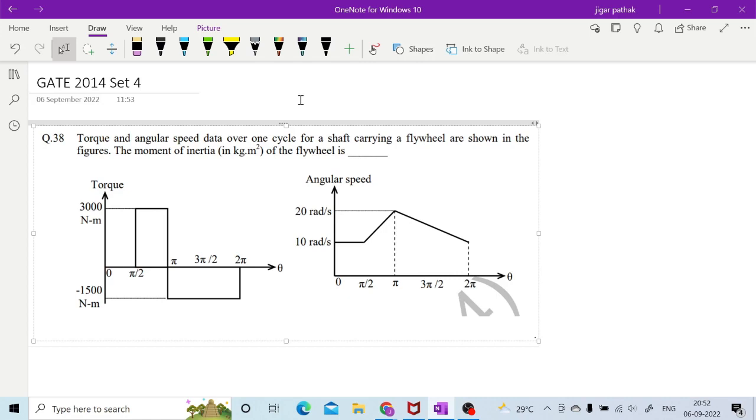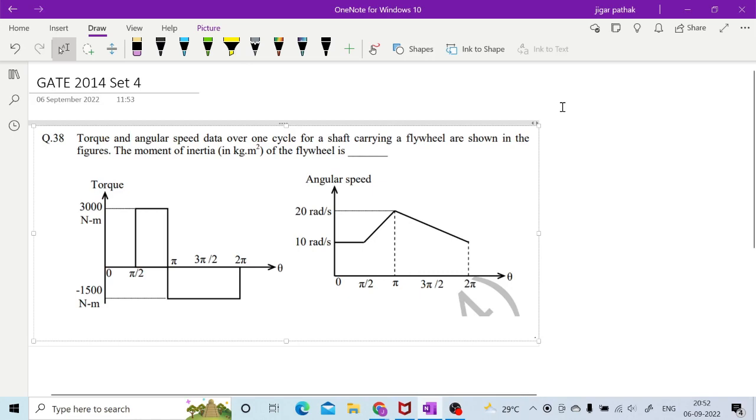Sir, please give a little time. Your omega max and omega mean are 20 and 10 respectively. So you can calculate your omega mean and k from this data.